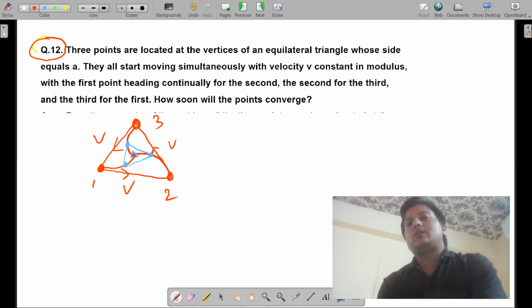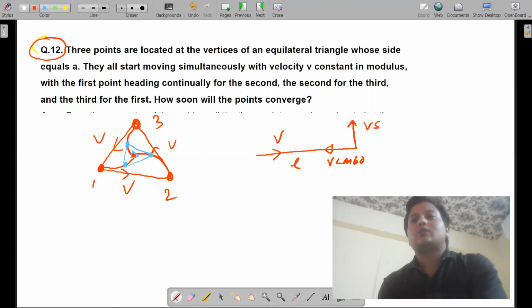Suppose at any time t, the length is l, and we know the velocity of one is v, and the velocity of two, taking components, is v cos 60 and v sin 60.